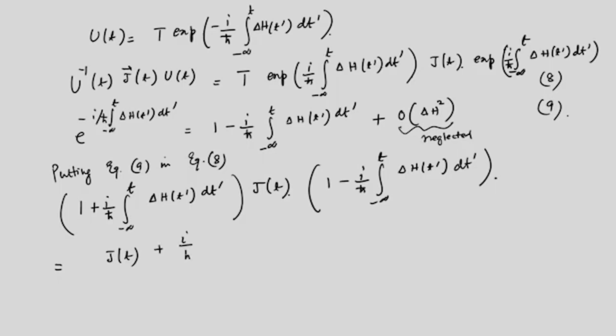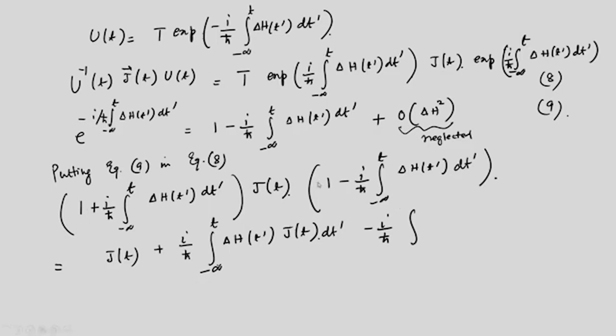and then the second term will be i by h cross, integral from minus infinity to t of delta h(t prime) J(t), and of course you have to write dt prime there. The next term will come with a minus sign, i by h cross, that is 1 J(t) and the term that is there.